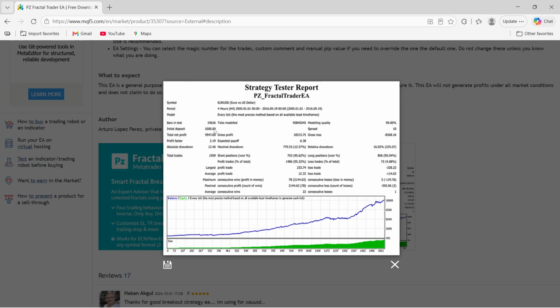So for that period, the initial deposit was $1,000, and then we had a total net profit of $9,947 over the period, and the profit factor was 2.19, and the absolute drawdown was 12.46. Okay. So the total trades taken over the period were 1,559 trades. All right.